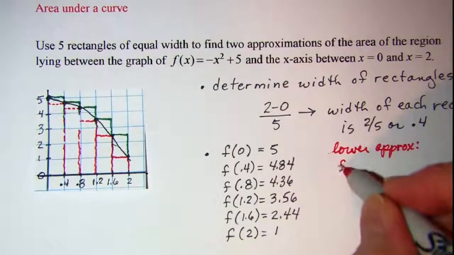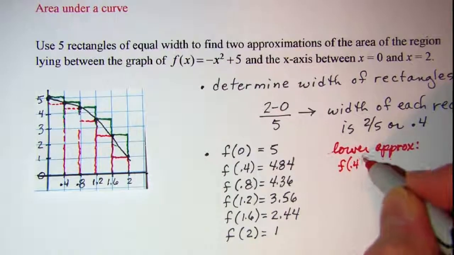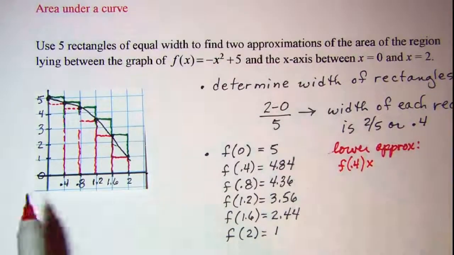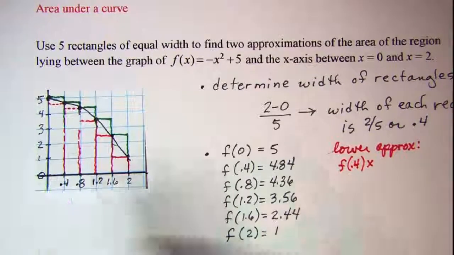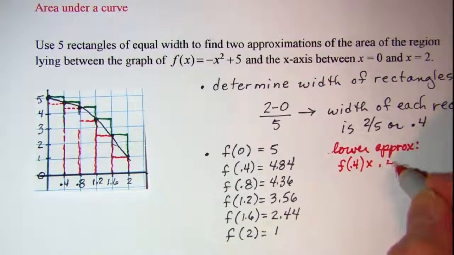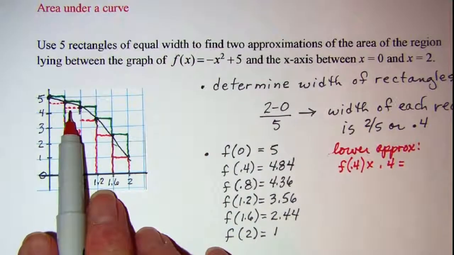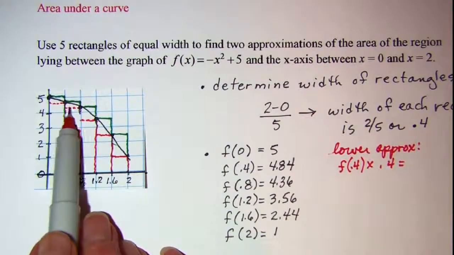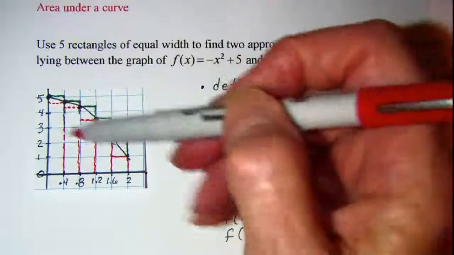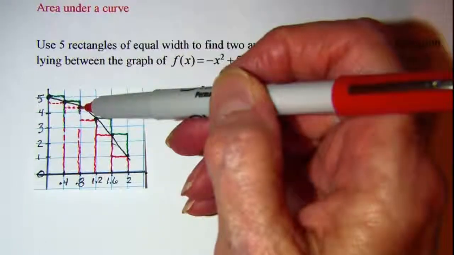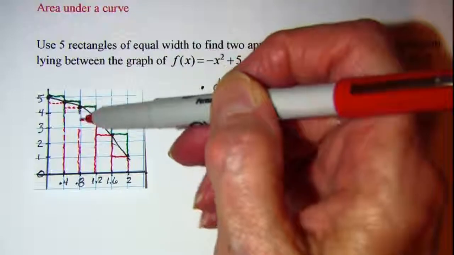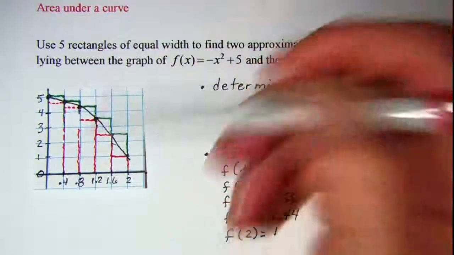So f of 0.4 multiplied by the width of the rectangle, which is 0.4. And then our next rectangle has the height of the rectangle up to here, which is a y value when x is 0.8.